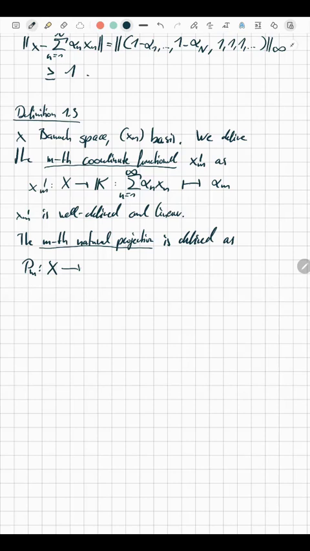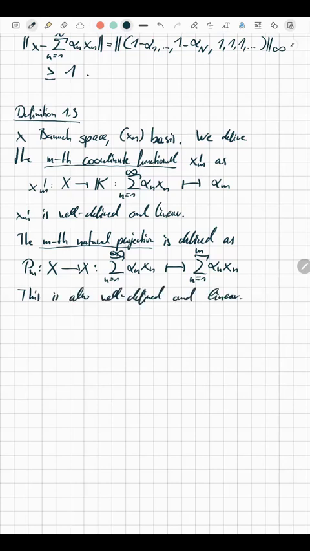Pm goes from X to X, and it just projects a vector, and again, since every vector has such a representation, this is well defined, onto the first m coordinates, so onto this m-dimensional subspace. That's why it's called a natural projection. This is also well defined and linear. Okay. And now with this at our hands, we define a central concept of this lecture.